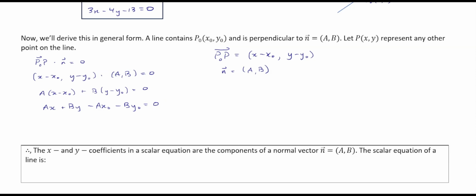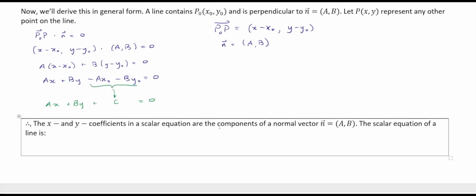And what you can probably see is that, remember, my scalar equation of the line is ax plus by plus c. So this whole part right there is just c. Okay, so the x and y coefficients in a scalar equation are the components of the normal vector. So a and b were just the components of the normal vector.